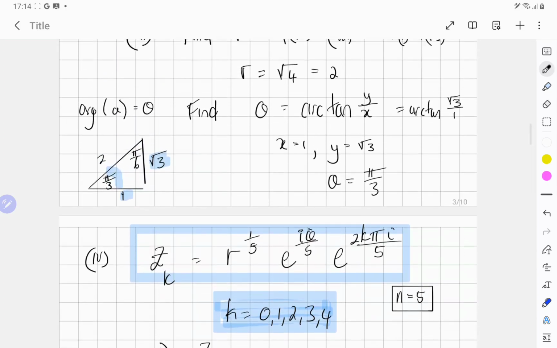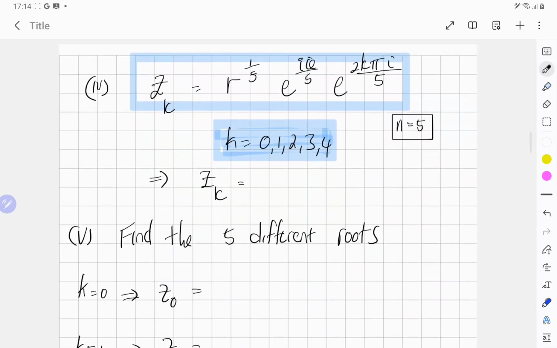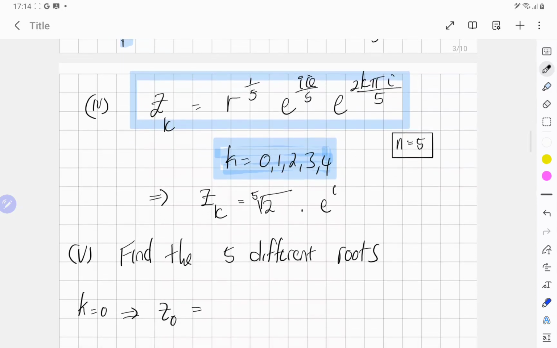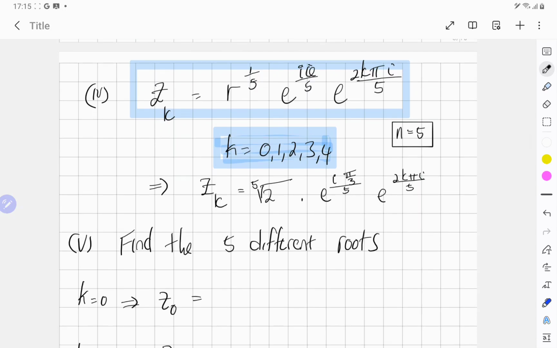We know now that our r is 2 and our n is 5. We know that our theta is pi over 3. Pi over 3 over 5, 2k pi i over 5.